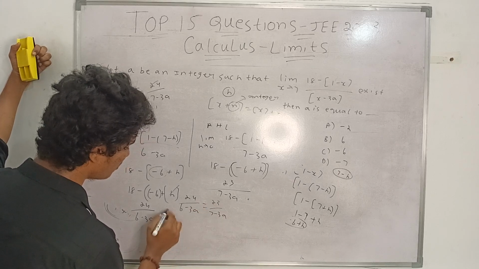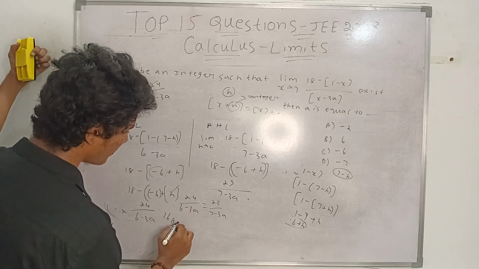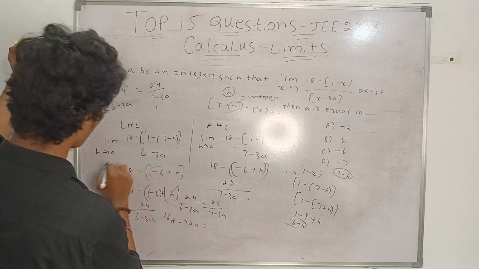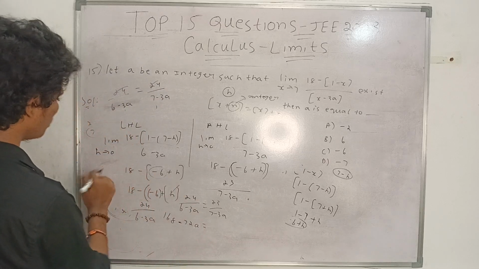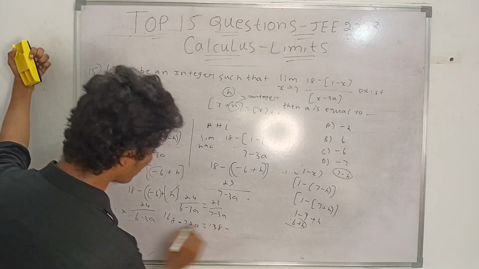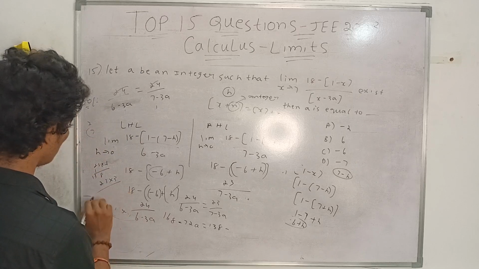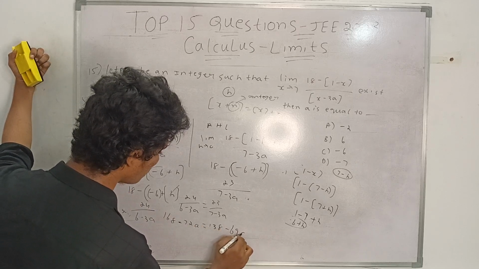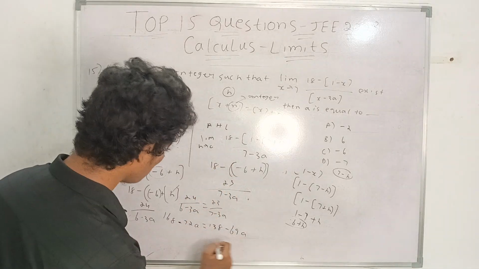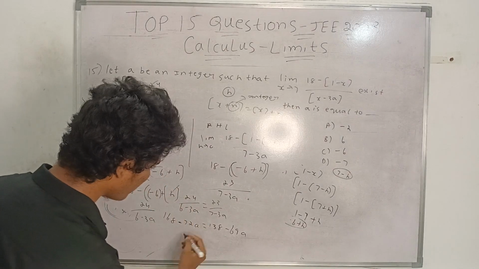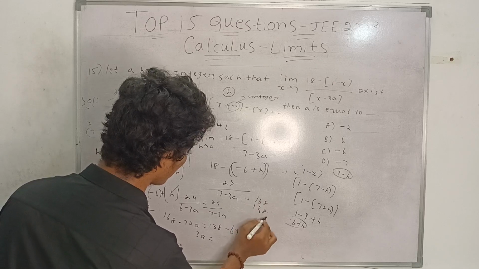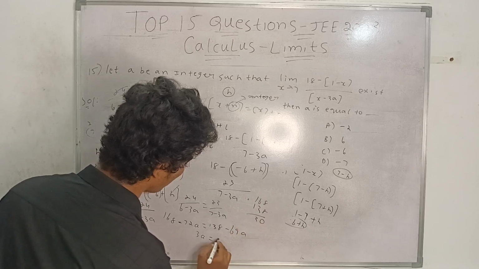So 7 4s are 28, 168 minus 12a equal to 23 into 6, 138, 138 minus 23 into 3a, it is 69a. Now when you solve these things, what will you get? You will get 3a equal to 168 minus 138, which is 30.